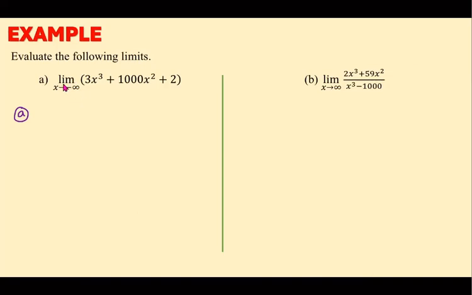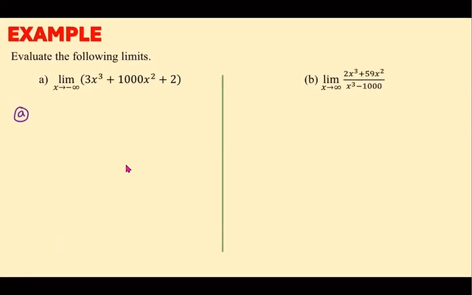When you're calculating the limit as x approaches positive or negative infinity, we are actually looking at the end behavior. And what we know is for a polynomial function, the end behavior is given by the leading term only.